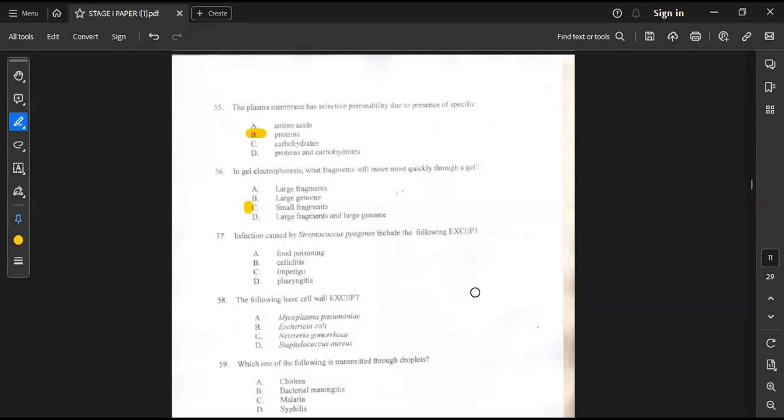As we are doing this, can somebody remind us of the principle of gel electrophoresis?